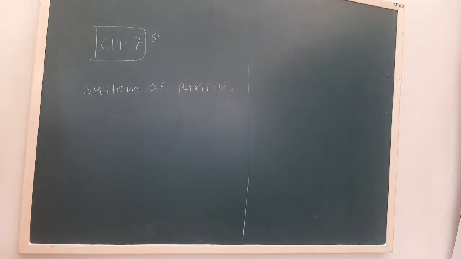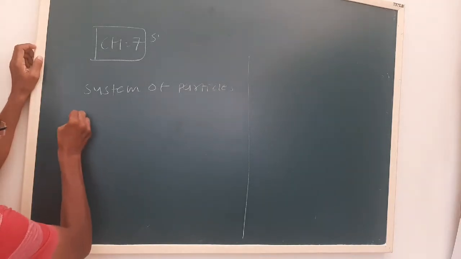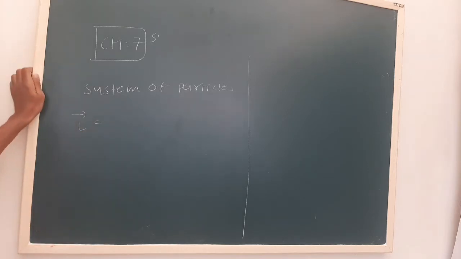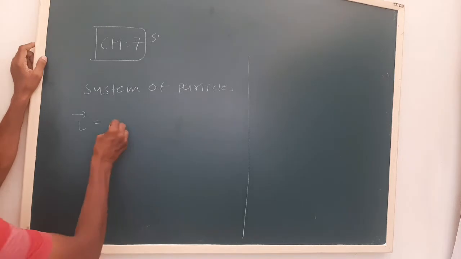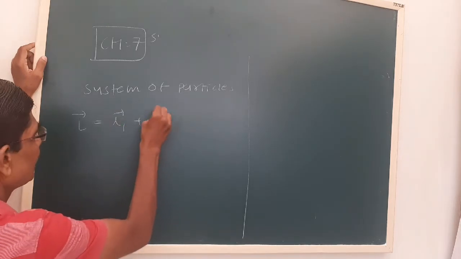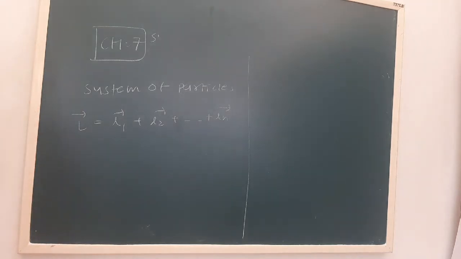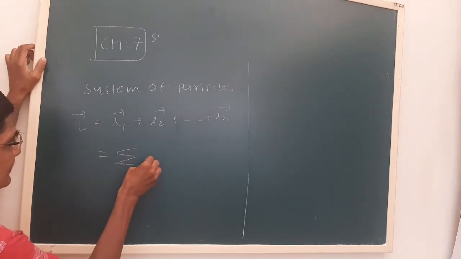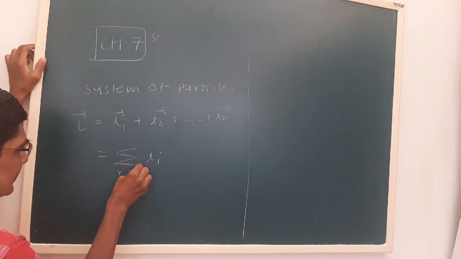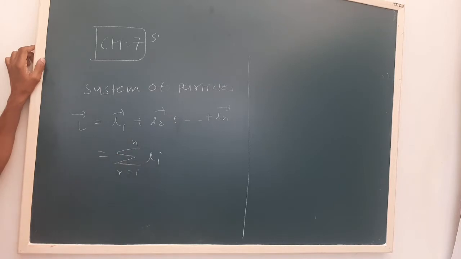Now we know angular momentum is a vector quantity. We can write capital L as the total angular momentum of a system of particles, so L1 plus L2 plus up to Ln. Since angular momentum is a vector quantity, this is a vector sum, so we can write sigma Li, i equal to 1 to n.